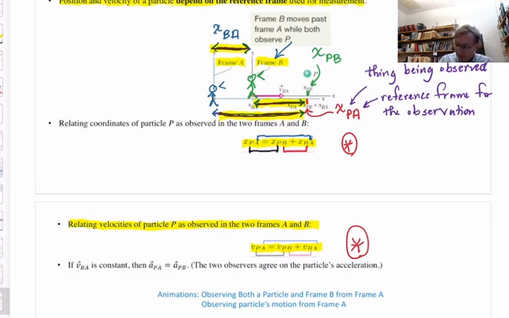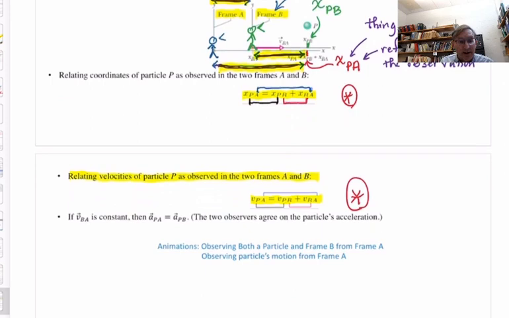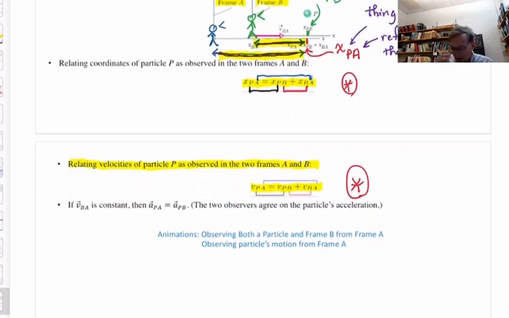Now, we went from a relative position equation, taking a time derivative, we got a relative velocity equation. How about we go for acceleration now? All we got to do is take the time derivative of both sides of the second star equation to relate the acceleration of the particle, p, observed from the two frames A and B.